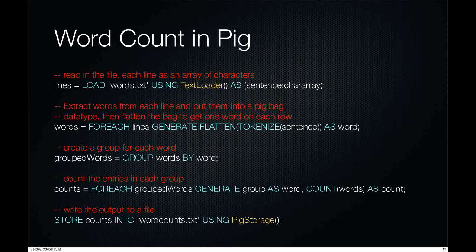And then we need to calculate our words. So here's an example of foreach generate. So for each of the lines that are in our file, we're going to do something. So it's kind of like a little bit like a for loop or nested loops. And we're going to basically take that sentence, tokenize it, which is basically splitting it up into individual words.